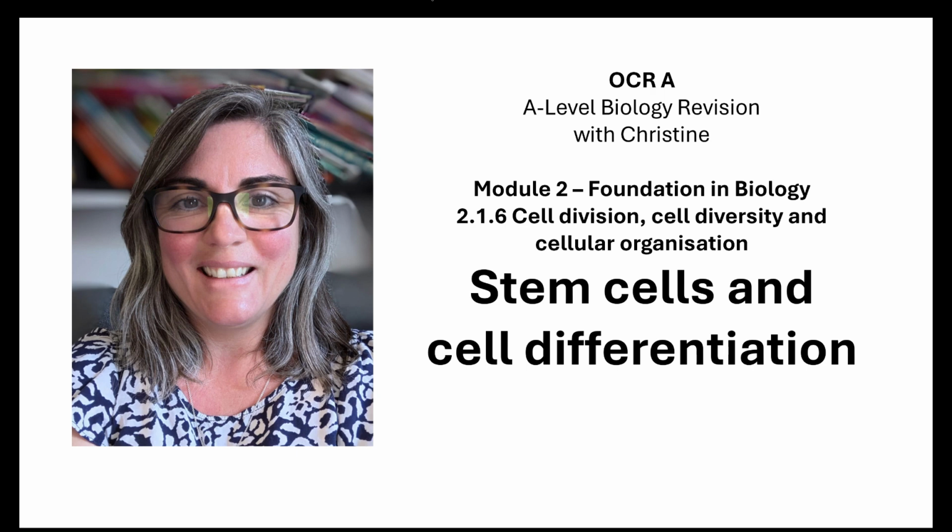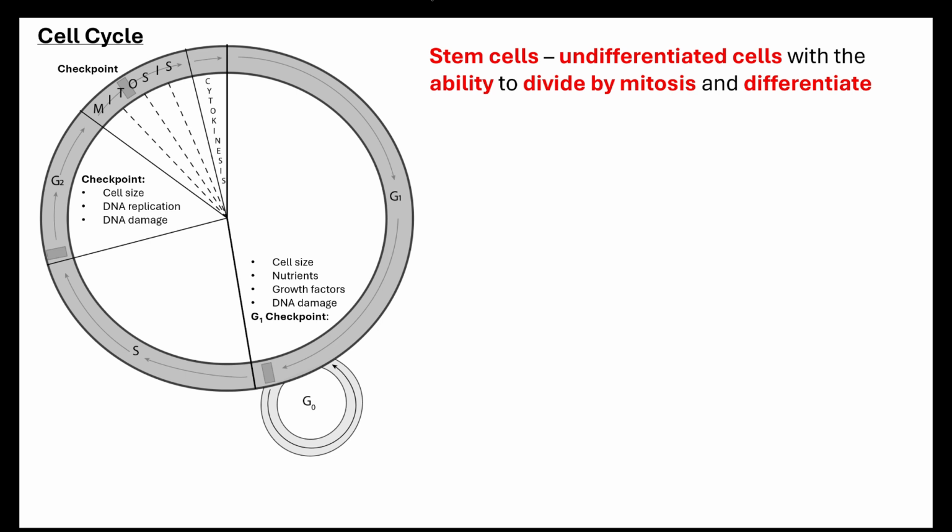So today's lesson, we're going to look at stem cells and cell differentiation. To understand what a stem cell is: an undifferentiated cell. It's a cell that has the ability to divide by mitosis and then differentiate.